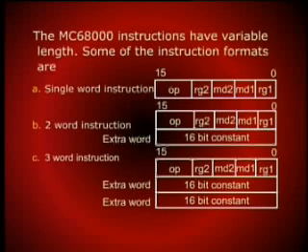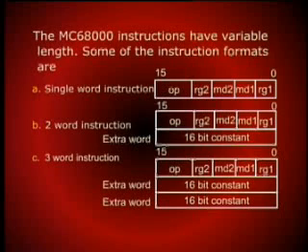RG2 represents the register mode, and then MD2 as a mode of that register. Similarly, MD1 and RG1. Now the values of RG2 and MD2, which are 3 bits each, are available in the table given in your book, depending upon different instructions which would use this data.